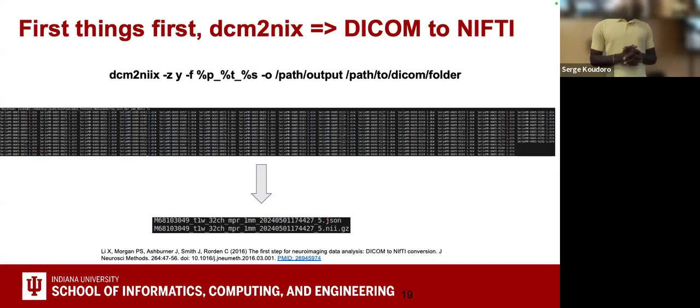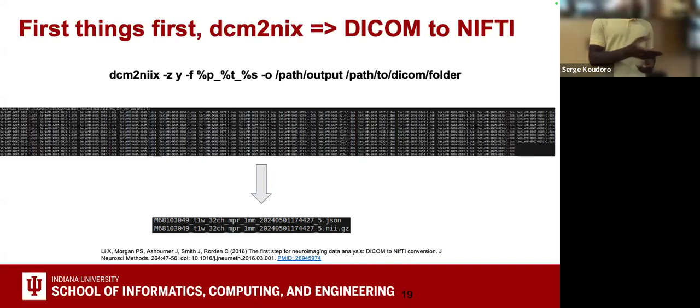I can only recommend this tool, dcm2niix, that permits you to convert your DICOM to NIfTI files. NIfTI is a standard in the domain. I don't know any software using DICOM directly. Most of the software use NIfTI. So I think it's actually a mandatory step to transform your DICOM to NIfTI files.